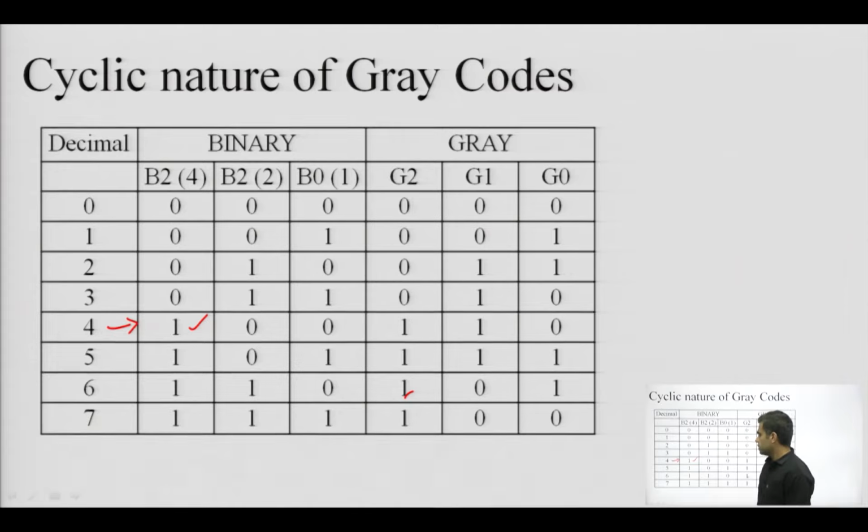So, this 1 is the same here, that means the MSB is the same for both binary and gray, and this 1 and 0, XOR of 1 and 0 is 1, and XOR of 0 and 0 is 0. So, in this way, using the same set of rules which we used in the previous slide, we obtain gray from the binary number. So, in this way I have written gray from 0 to 7.